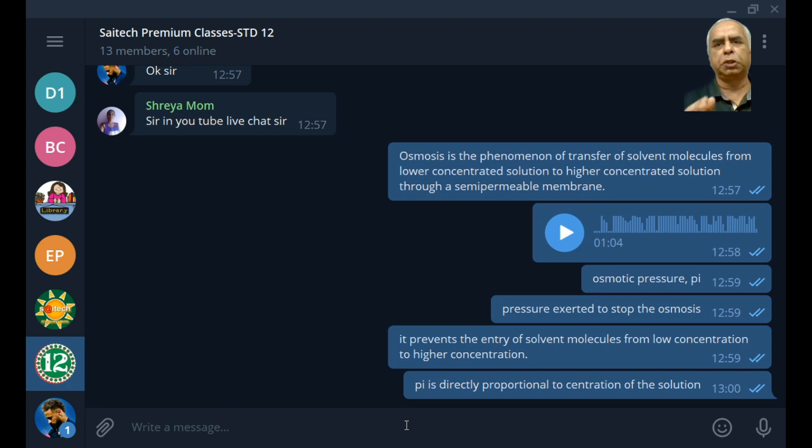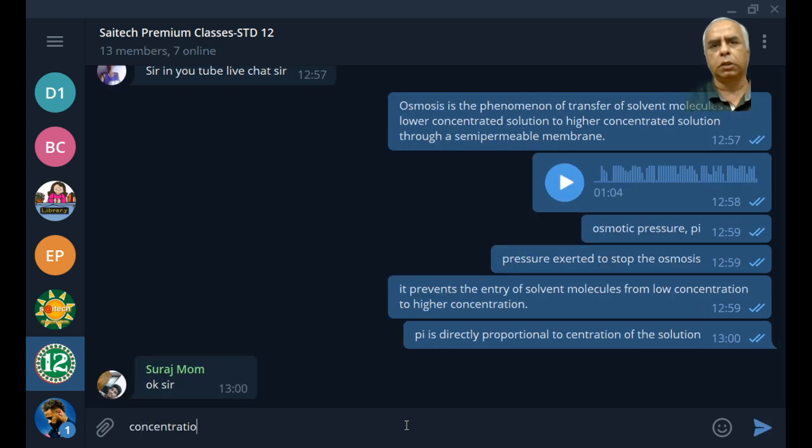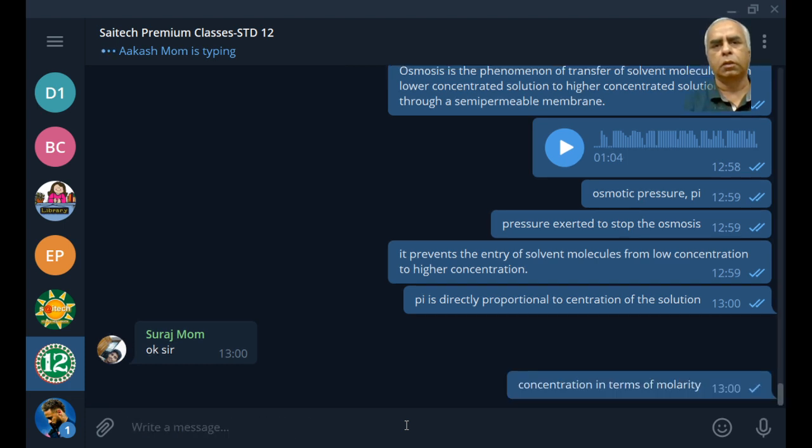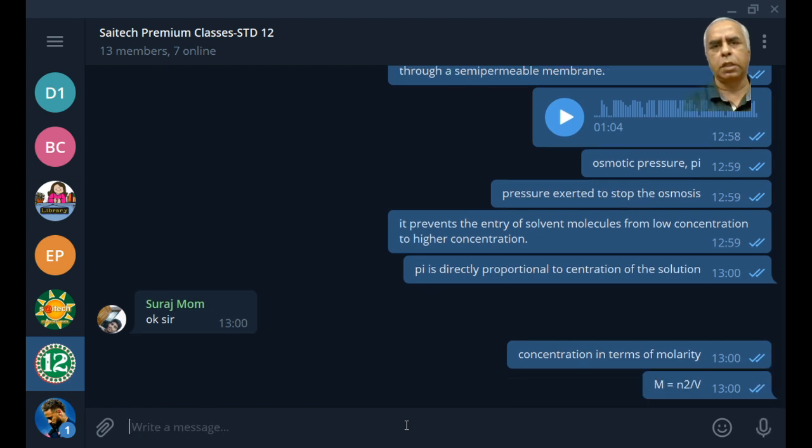So you can mention pi is directly proportional to C, and C is nothing but concentration in terms of molarity. We know molarity is the number of moles of solute divided by volume of solution. In this case it is represented as C as a general term.